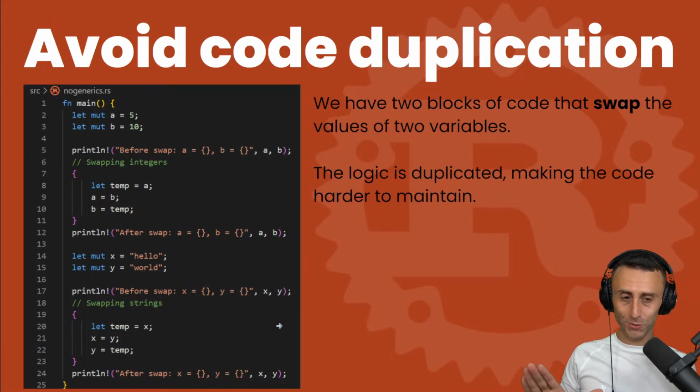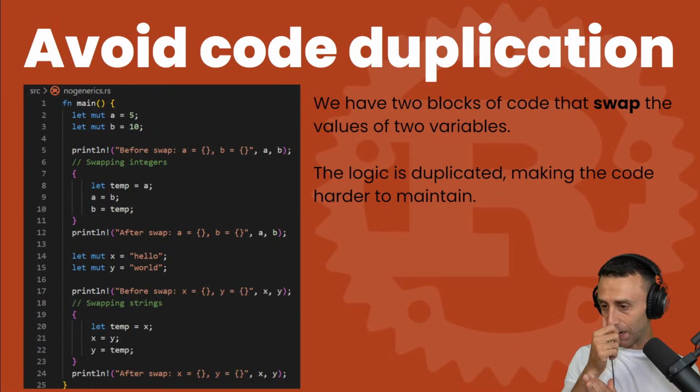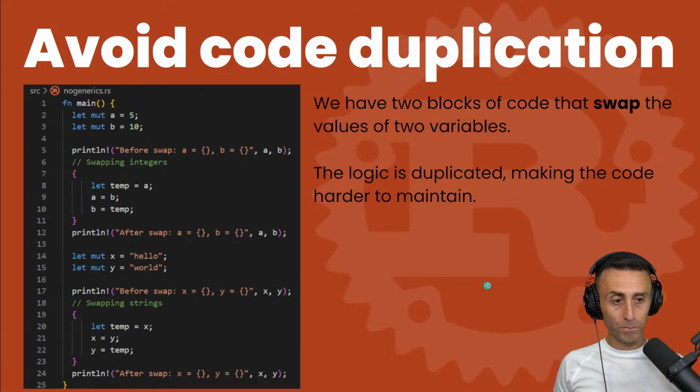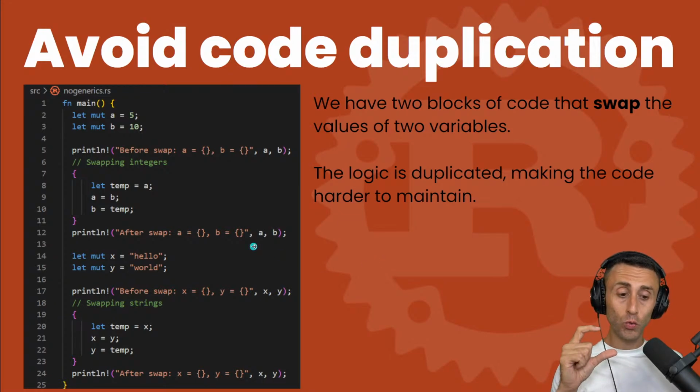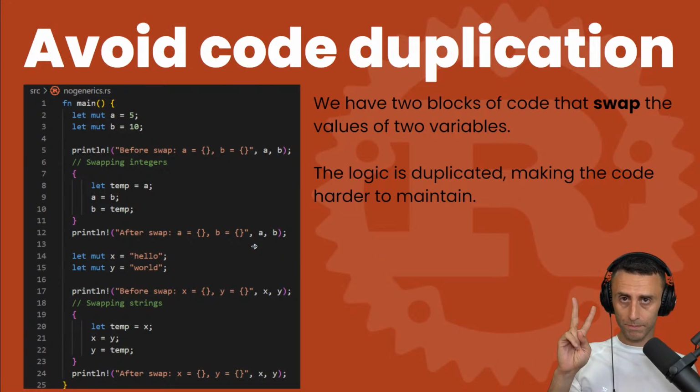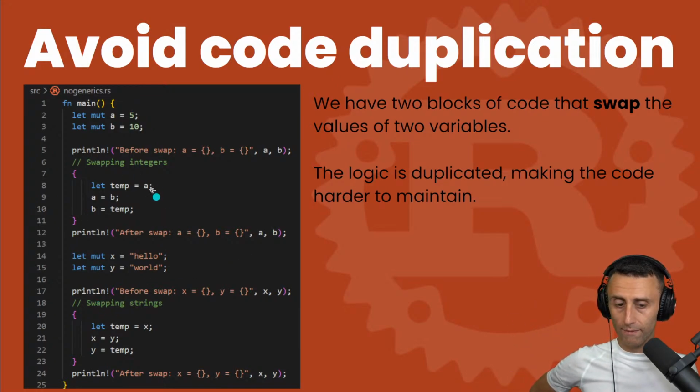Let's finish recording this episode so then we can move on. So again, generics, traits, and lifetimes are used to avoid code duplication. For example, here we have two blocks to swap two elements of the same type, but check how much code we have to type here. We have to use an additional temporary variable, then we have to say a equals b equals temp.